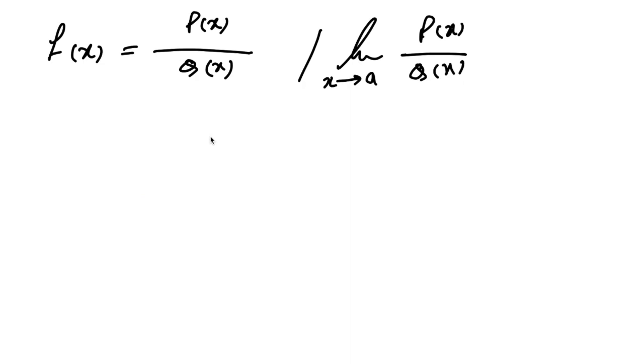The third situation we have for the limit of rational functions is when q of a is 0, the value of the denominator is 0, and also p of a is 0. The value of both polynomials in the numerator and denominator is 0.